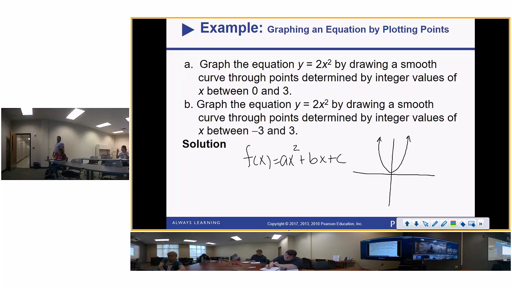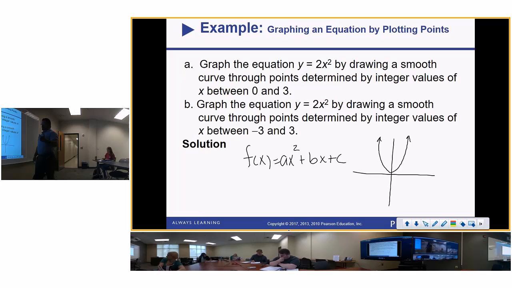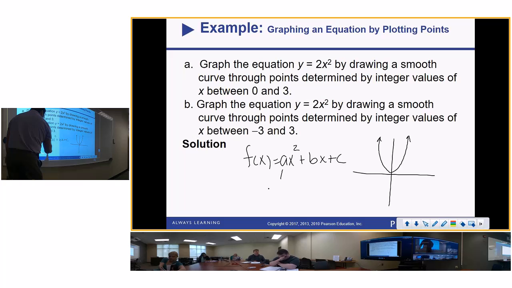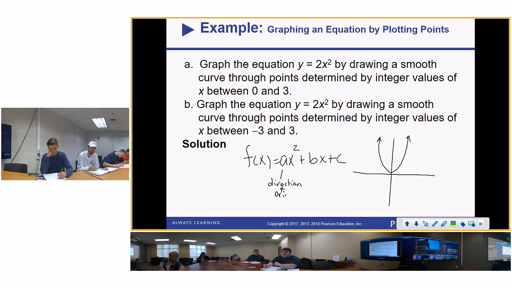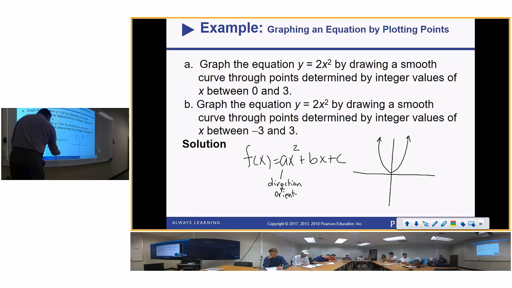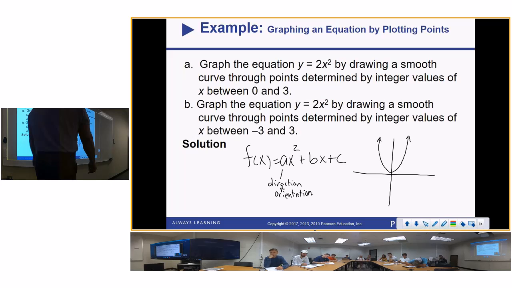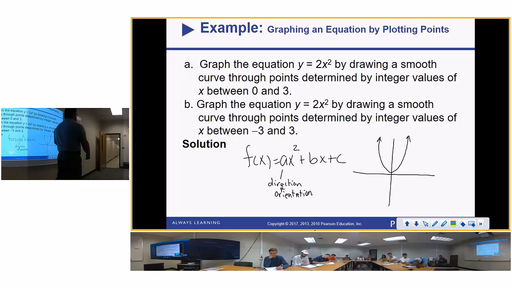Which direction? If it's positive or negative, positive means it's going up. A tells us direction and orientation. What do you mean orientation? Well, is it wide? Is it skinny? Is it opening upward or is it opening downward?